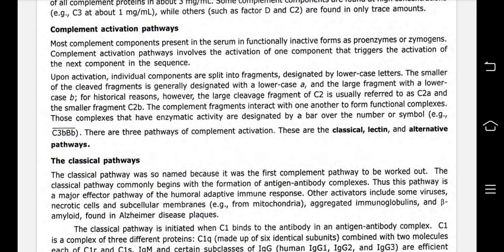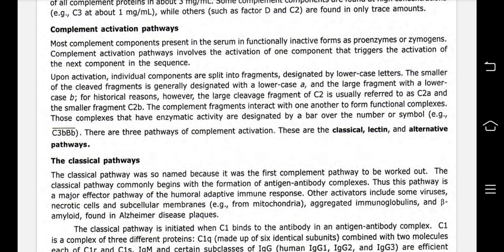The smaller of the cleaved fragments is generally designated with a lowercase a and the larger fragment with a lowercase b. For historical reasons, however, the larger cleaved fragment of C2 is usually referred to as C2a and the smaller fragment C2b. The complement fragments interact with one another to form functional complexes. Those complexes that have enzymatic activity are designated by a bar over the number or symbols.